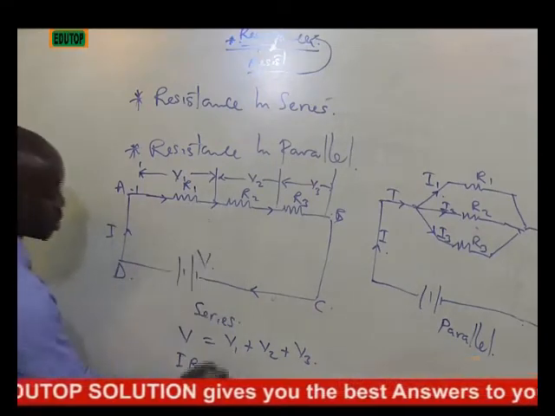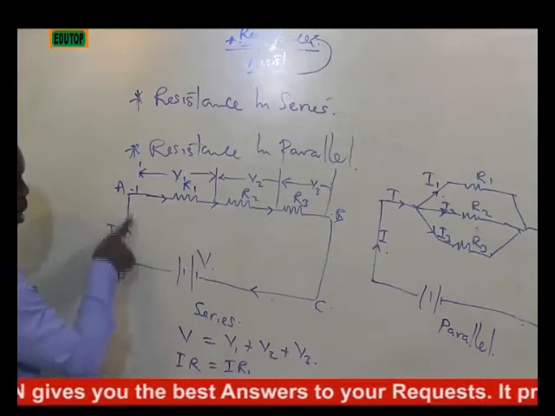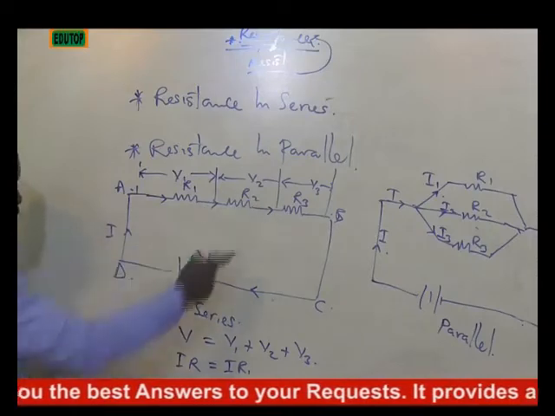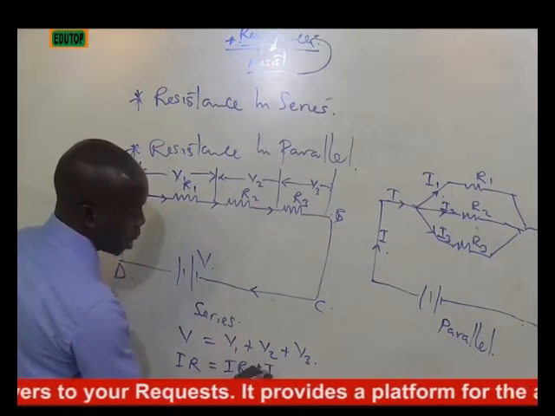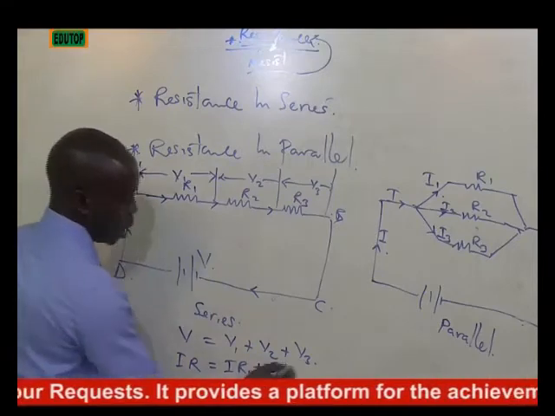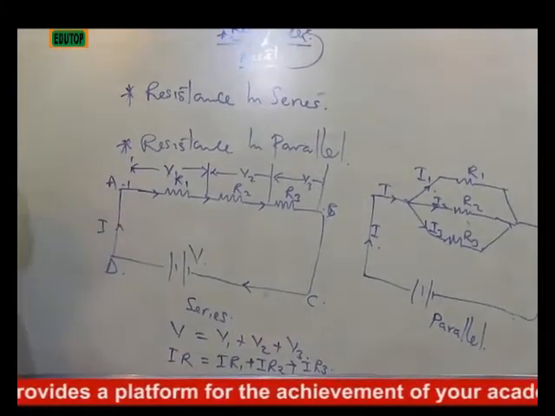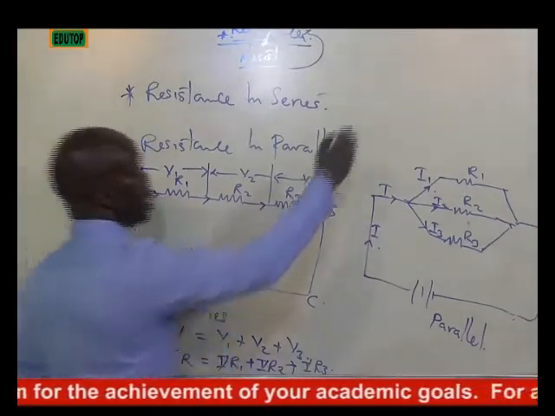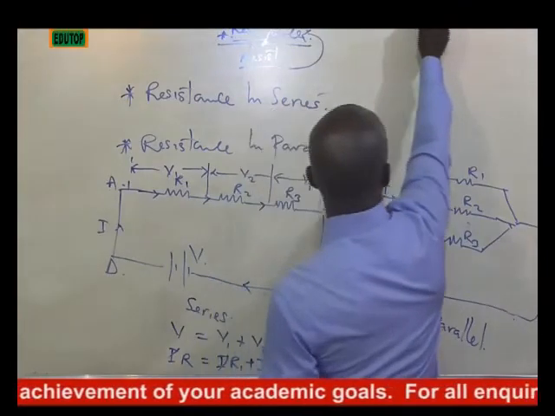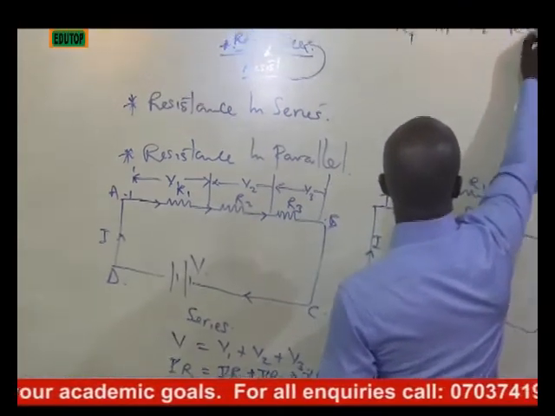So V1 will now represent IR1. Remember, we said it is the same current that is passing through, so this I will not change. From there you have IR2, and this third one will have IR3. So by the time you cancel out the whole I, you'll be able to obtain your total resistance as R1 plus R2 plus R3.